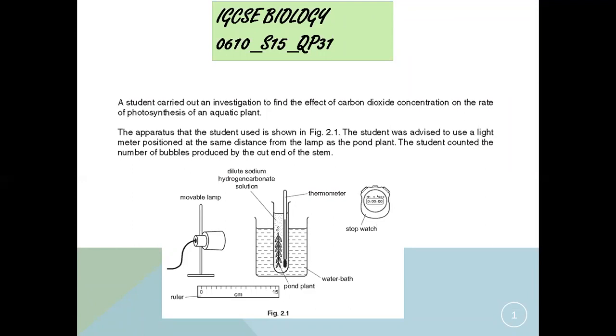Hydrogen carbonate here is a source of carbon dioxide, providing carbon dioxide for photosynthesis. If the rate of photosynthesis is high, the number of bubbles produced will be high. It means more oxygen will be produced. Now let's move toward the questions.